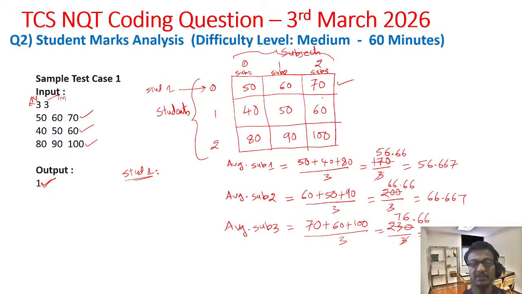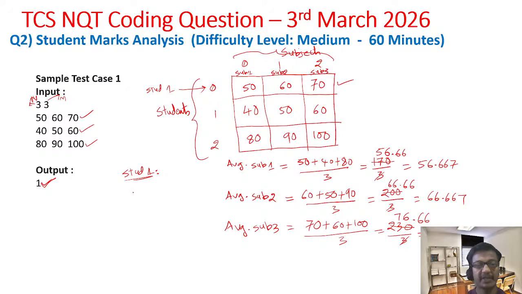Each row represents a student. These are the 3 subjects' marks for student 1. We need to compare whether in at least one subject he has scored more than the average marks of that subject. Then we can declare him as pass.